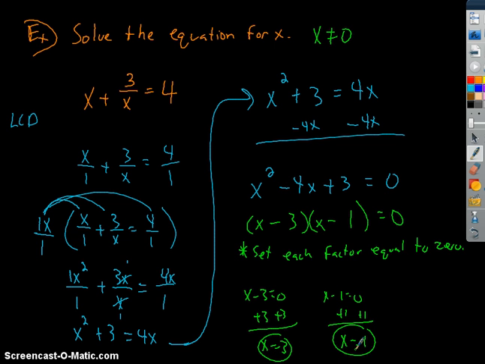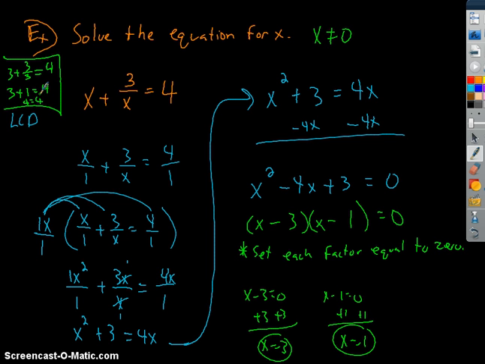But just to be sure, I'm going to check it. I'm going to take this equation and replace the variables with 3, and then afterwards, replace the variables with 1. So the first one, I'll wind up having 3 plus 3 over 3 equals 4. Or 3 plus 3 over 3 is 1 equals 4. And that's definitely 4, so it's 4 equals 4.